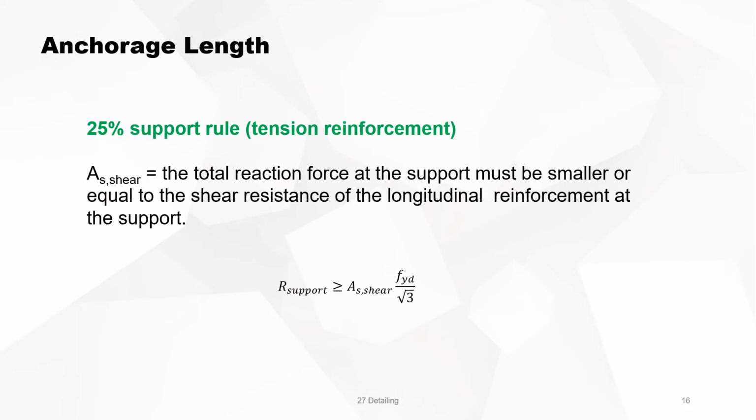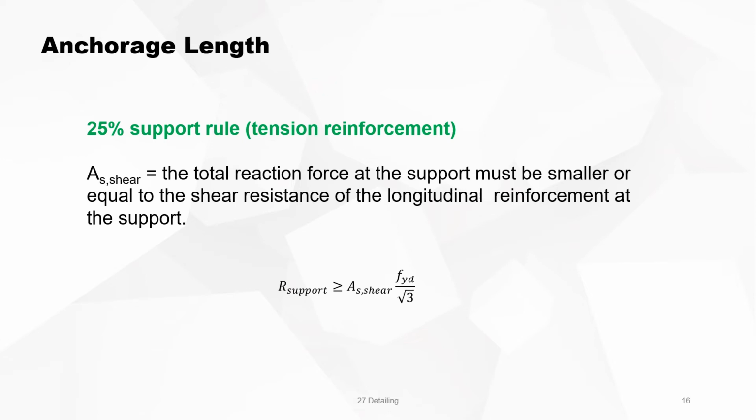Then we have also the 25% support rule for the tension reinforcement. It means that at the supports, at least 25% of the total reinforcement for the maximum bending moment of that beam must continue over the support. So at least 25% of the maximum reinforcement in the beam.